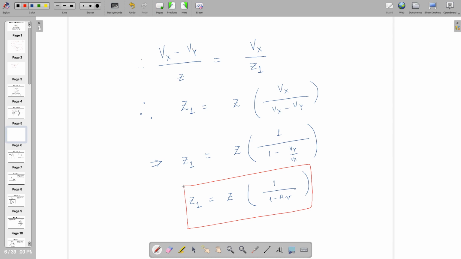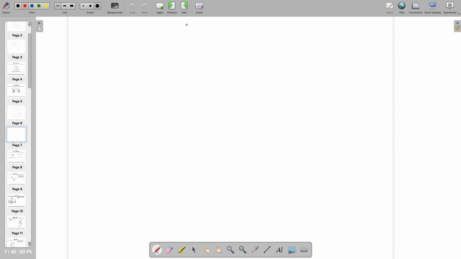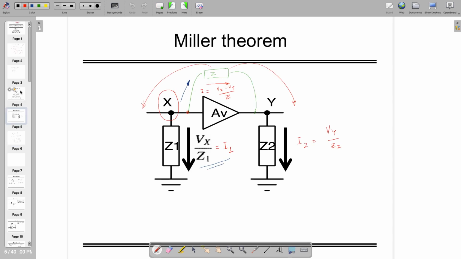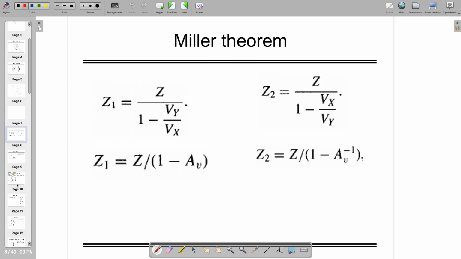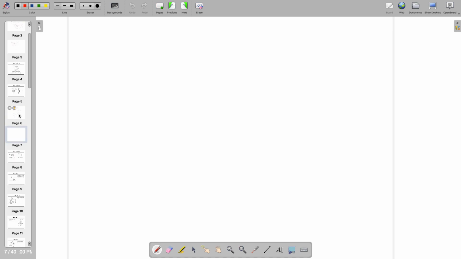Now let's look at the other part of the impedance. So from this you can see that the current which is coming inside this one has to be equal to the current flowing through the Vy node.